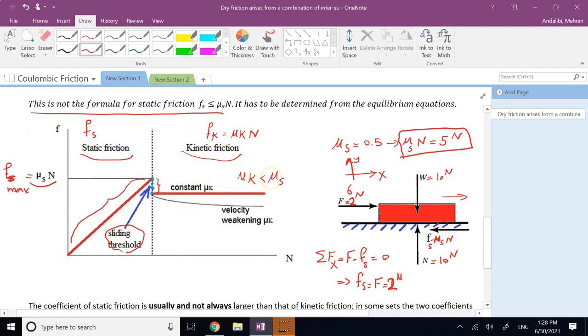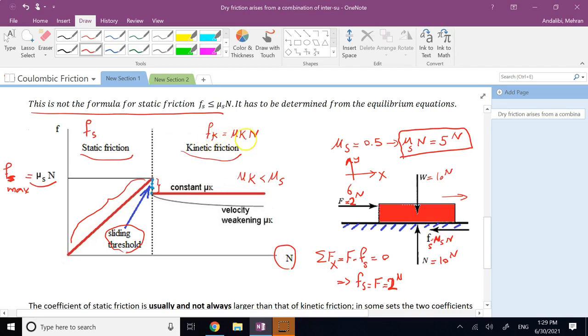Typically, it's not always the case that mu k is less than mu s, first of all. And as I said, this mu k also is not constant really. In this model here, which is not realistic, we assume that mu k is constant regardless of how fast we are moving it, although here the horizontal axis is n, not v. So against n, I can say mu k does not depend on n, although again, it's not perfectly correct for some applications.